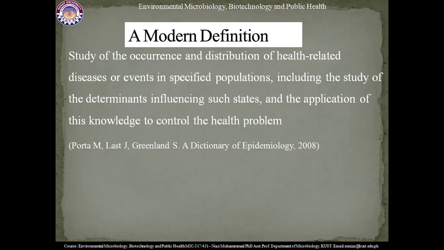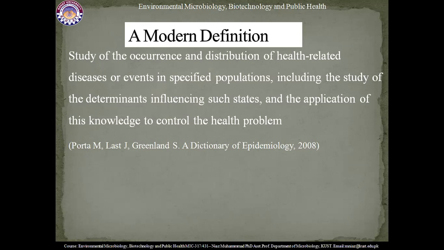This epidemiology definition has been accepted: a study of the occurrence and distribution of health-related diseases, health problems, or events in a specified population, including the study of the determinants influencing such states, which means the factors responsible for that disease are also included in this new definition, and the application of the knowledge to control the health problem.